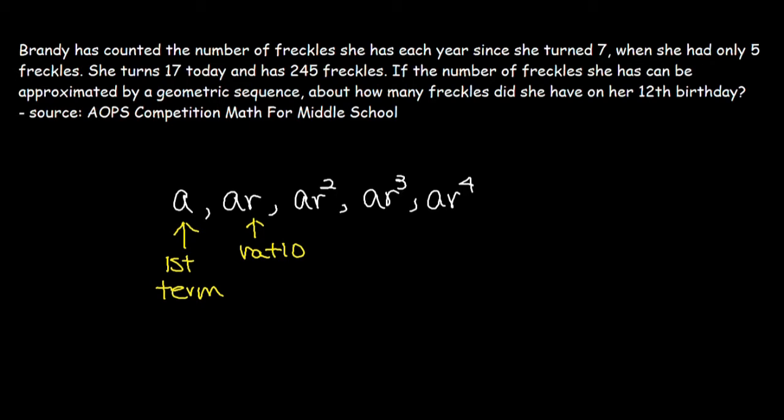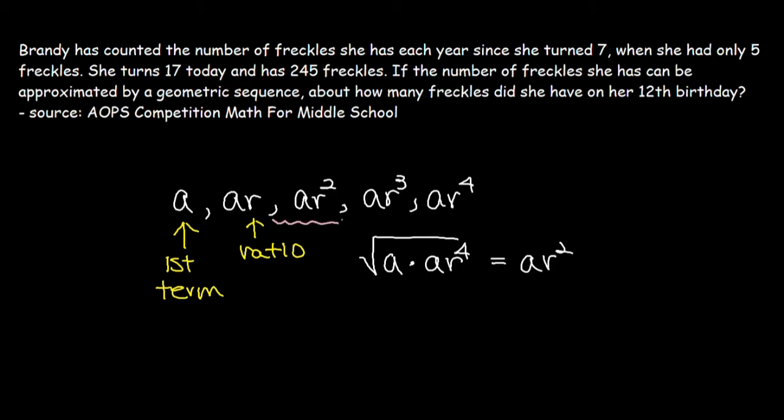To find the geometric mean of the sequence, it is the radical of A times AR to the fourth power, which is AR squared. That's pretty much self-explanatory, because look, this is the median.